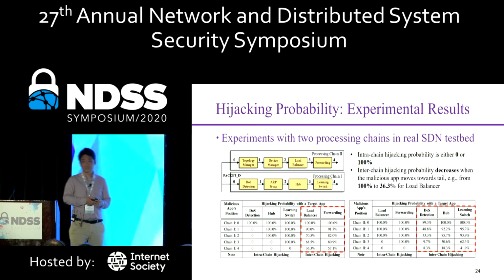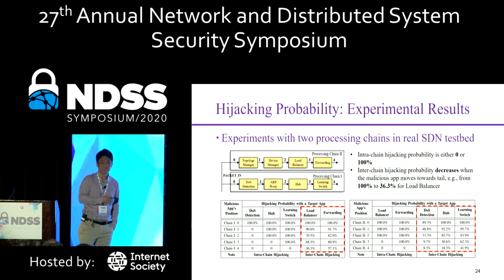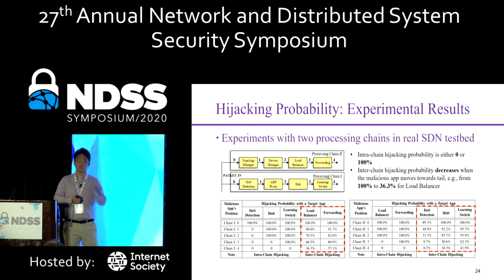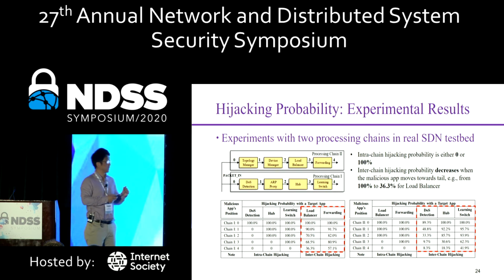And if it's in a different chain, then we see the location matters, and the success probability decreases as the location gets nearer to the tail of the chain. But the success rate is not only related to the location, it's also related to the processing delay of each application.